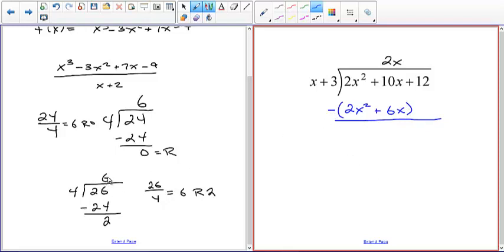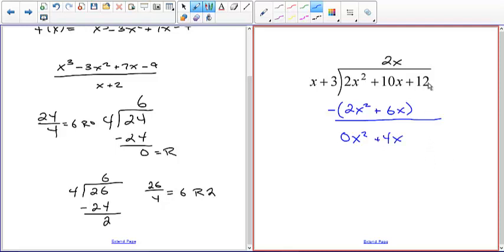Here I multiplied 6 times 4, got 24, then subtracted it. So the same thing is here. And the whole idea is that these will go to 0 when I take 2x squared and subtract 2x squared. I get 0x squared. And then I go to the x column. 10x minus a positive 6x is going to be 10 minus 6, which is 4. So I'll get plus 4x.